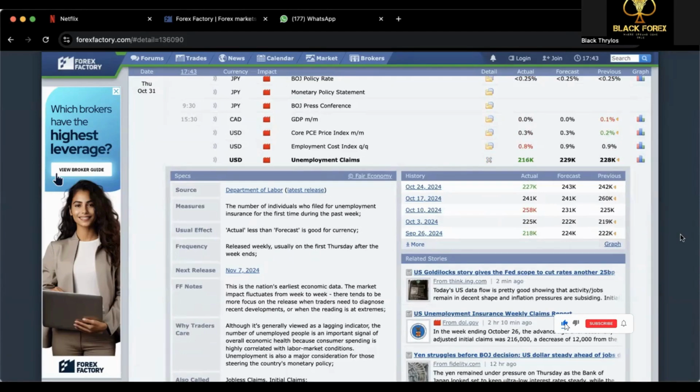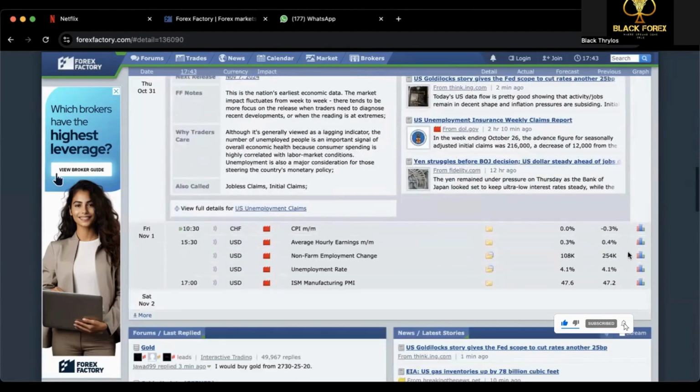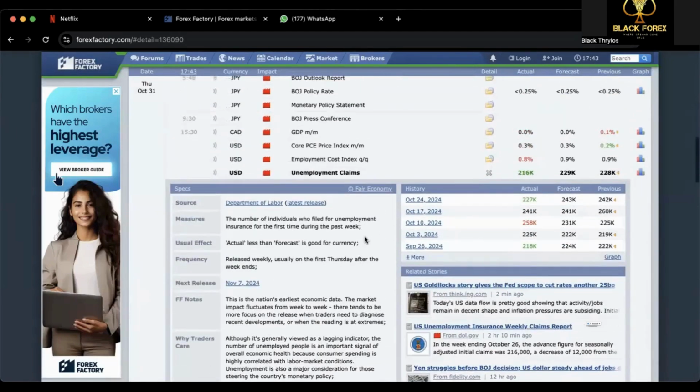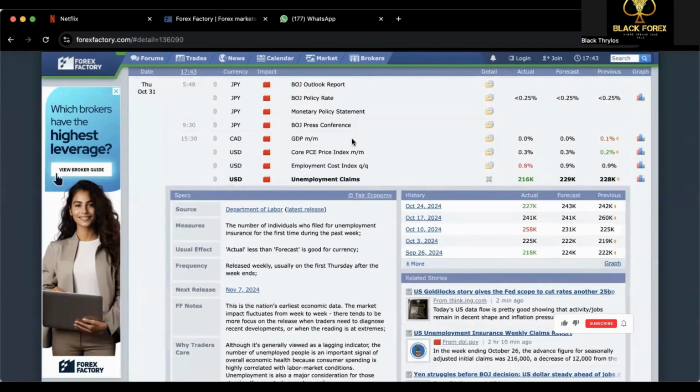So tomorrow, during the NFP, the non-farm payroll, I believe the non-farm payroll is actually going to be positive for the dollar, because the non-farm employment change was bullish, and the unemployment claims was actually also bullish for the dollar. So tomorrow, DXY is going to be bullish according to the data.